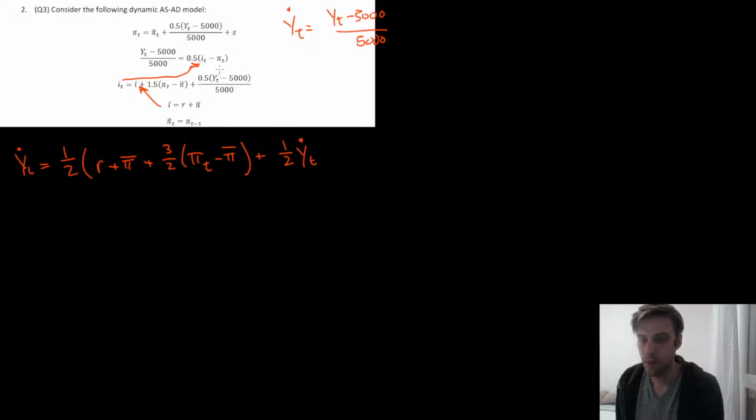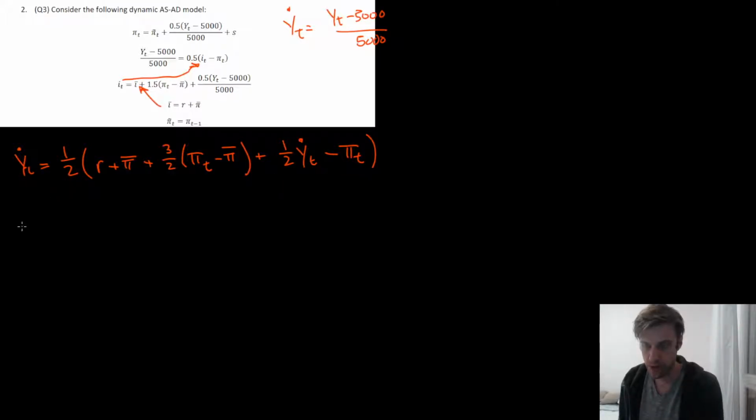So I'm here, minus pi t. That's it. So we have the 1/2 is this first part, and then pi t from the equation. So now I just need to pull out yt dot. So I'm going to pull this out, and it's going to multiply by 1/2 when I pull it out.